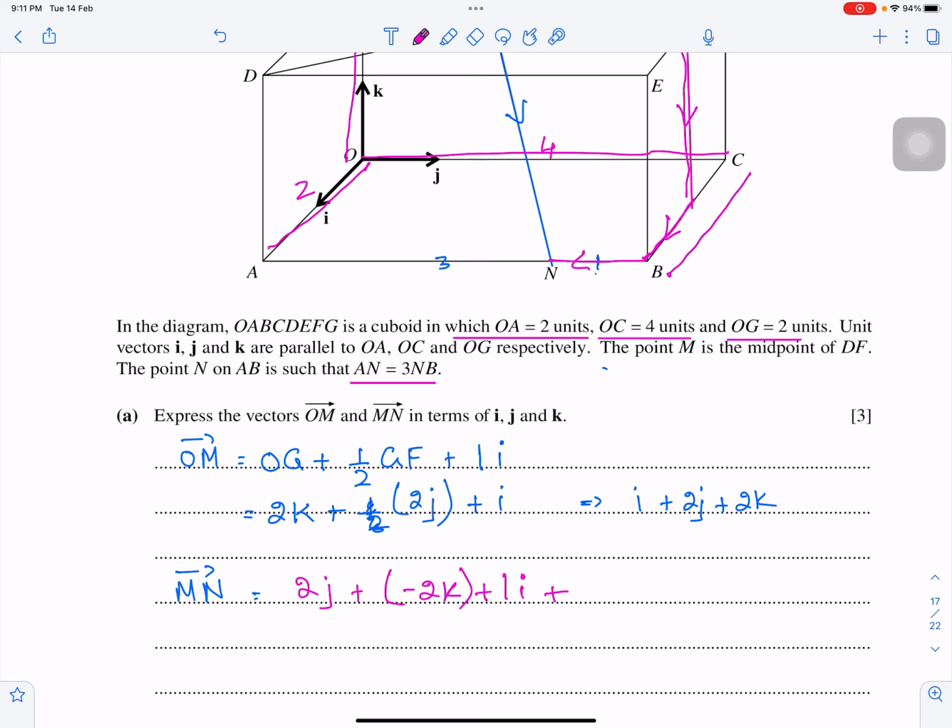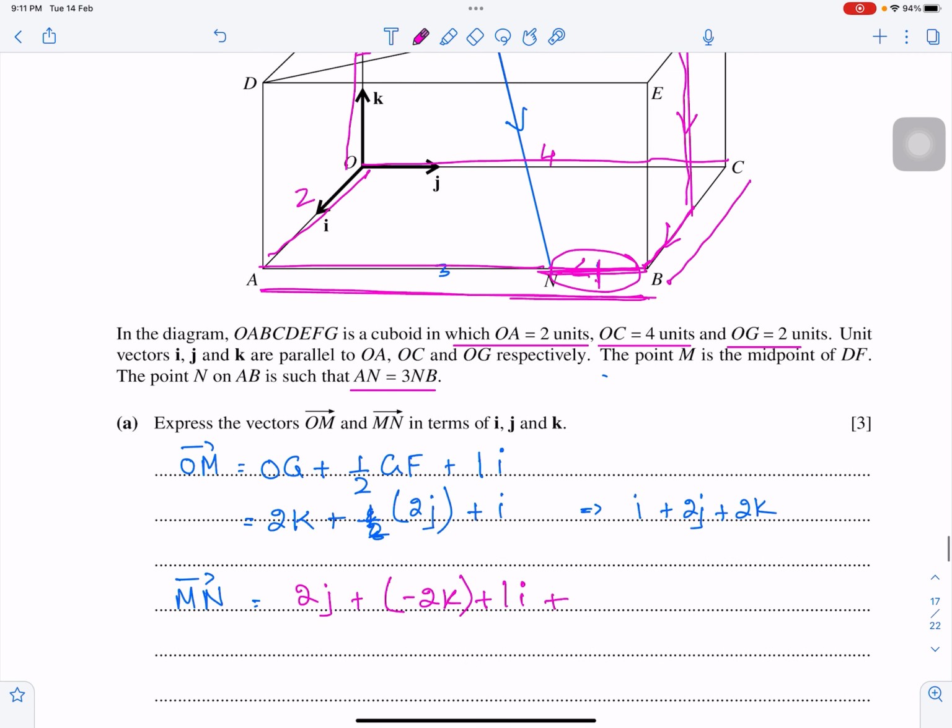BN is actually 1/4 of BA. I'm repeating: BN is 1 ratio and this is 3 ratio, all together it is 4, so this portion is 1/4 of BA. And what is BA? BA and CO are the same thing. Let me erase this so that you can understand what I'm saying.